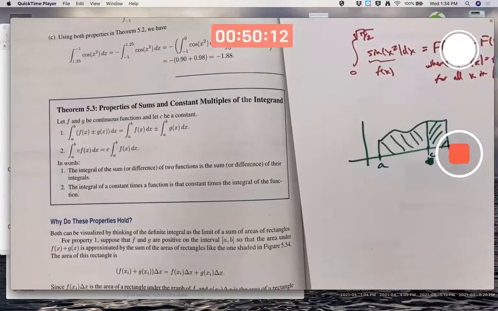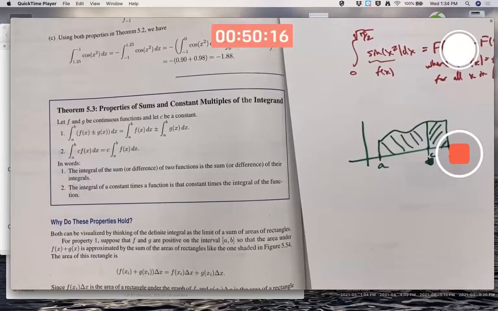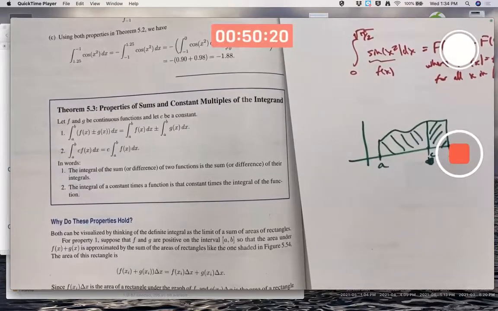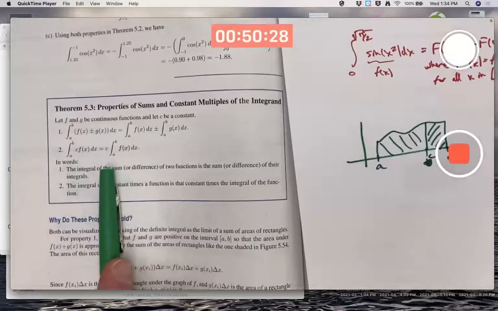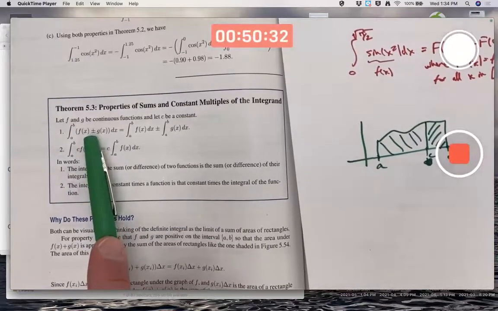You remember I said the derivative operator is linear? d/dx of f of x plus g of x. The derivative of a sum is the sum of the derivatives. It's f prime plus g prime. Integrals are linear as well. Take the plus sign here.